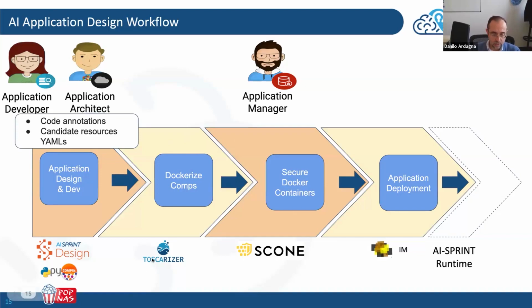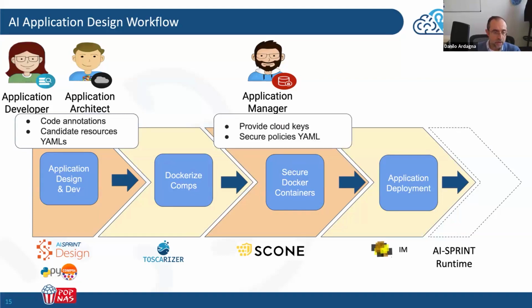We have TOSCARizer that supports the automated Dockerization of the application components. We have SCONE that helps in securing the Docker containers. And to use SCONE, we have some specific security code annotation.